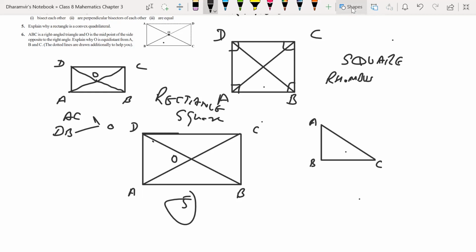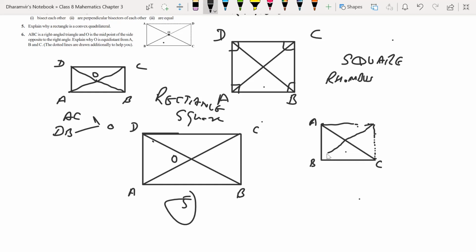Then there is a dotted line that is to help you only.